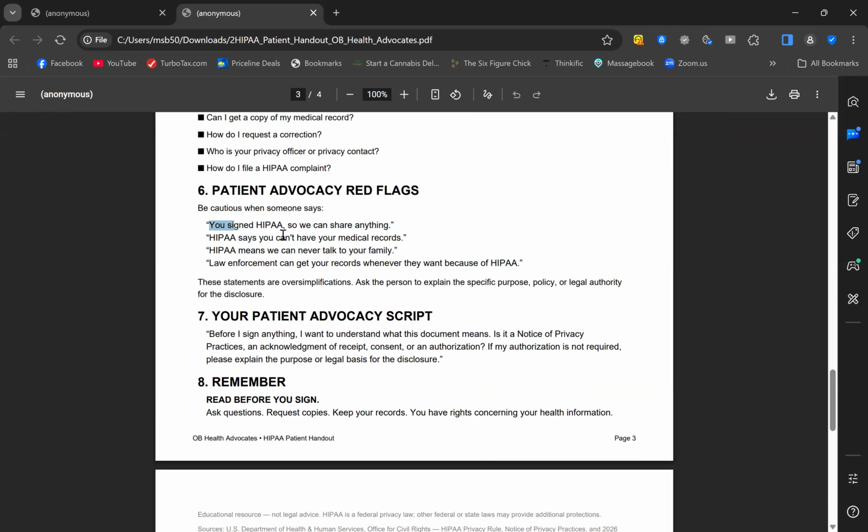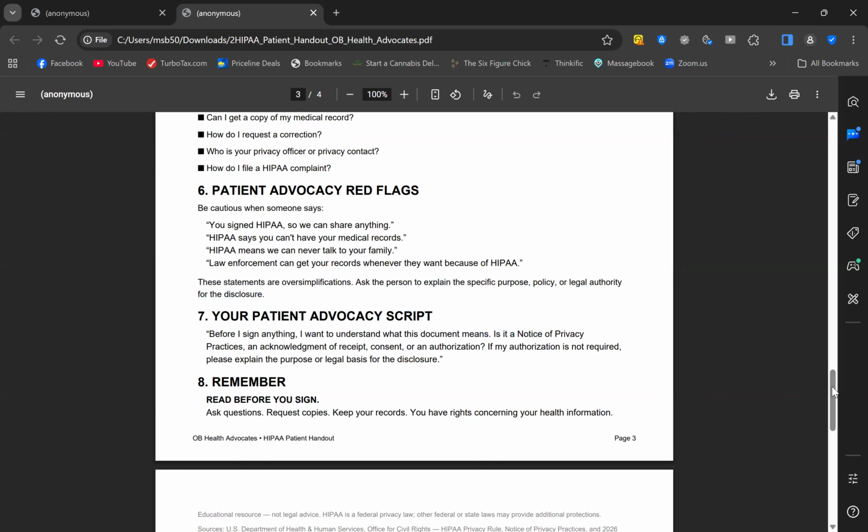If they say you signed HIPAA so we can share anything, or HIPAA says you can't have your medical records, or HIPAA means we can never talk to your family, or law enforcement can get your medical records whenever they want because of HIPAA: red flag, everybody. You want to always ask a person to explain the specific purpose, policy, or legal authority for disclosure.